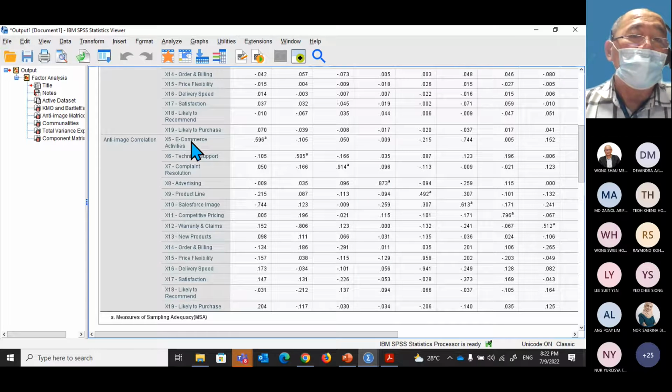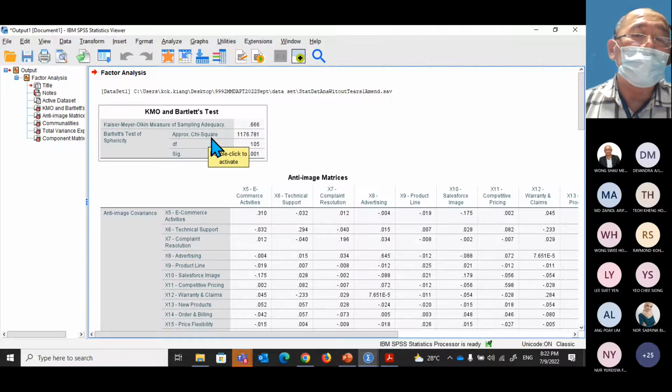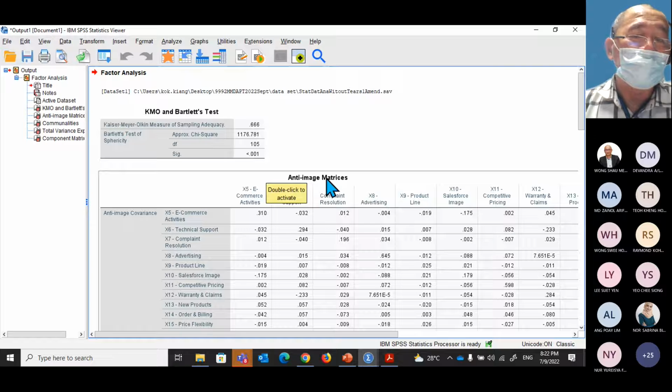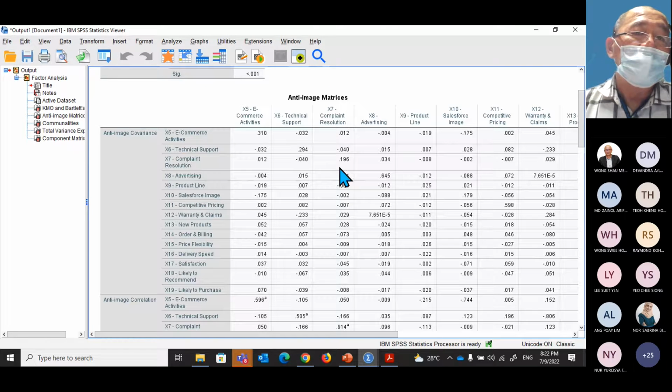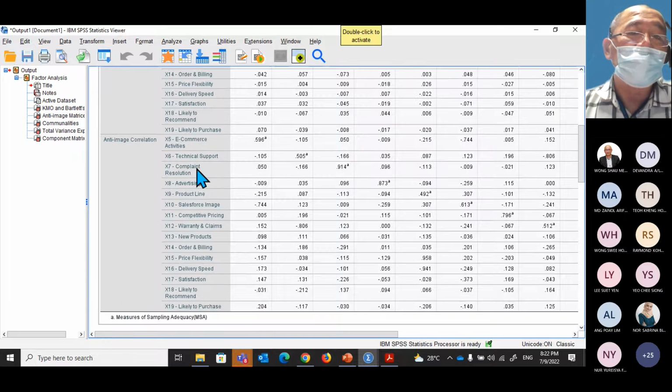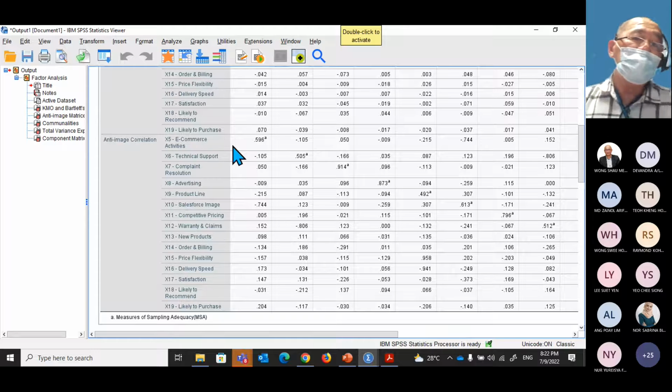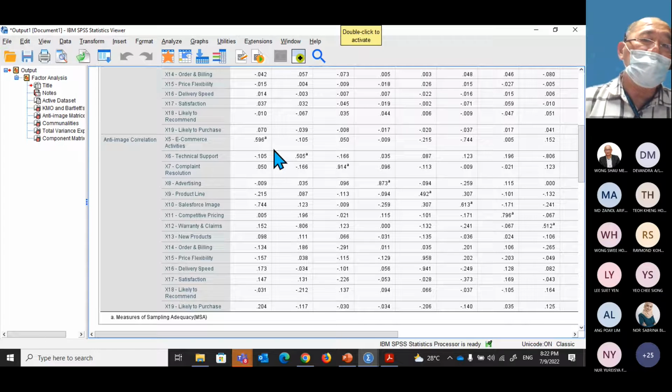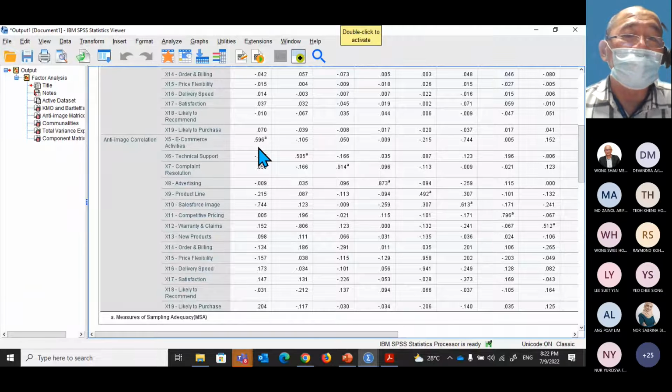Again, I repeat. Here you have two panels in the first big table, anti-image matrices. You see the second panel, anti-image correlation. This is a matrix, and we focus on the diagonal. You can see 0.596.